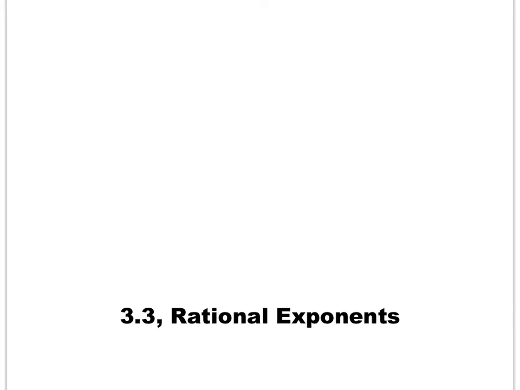In this lesson, we are going to talk about rational exponents. From your previous grades, you learned that any number a, exponent n, is a times a times a, n number of times.